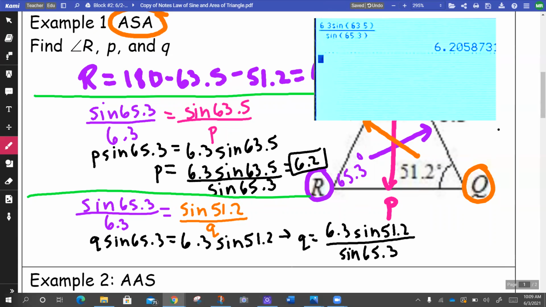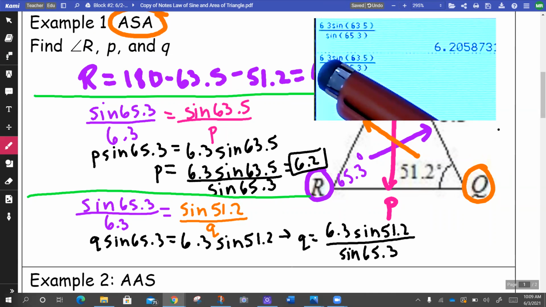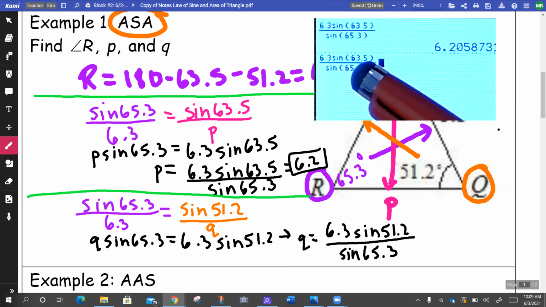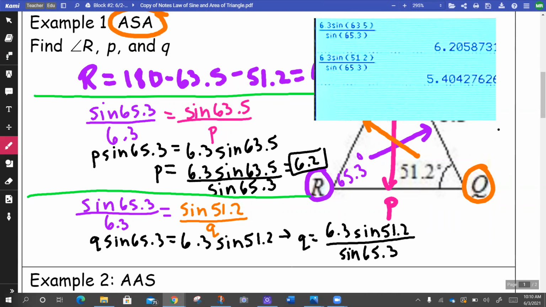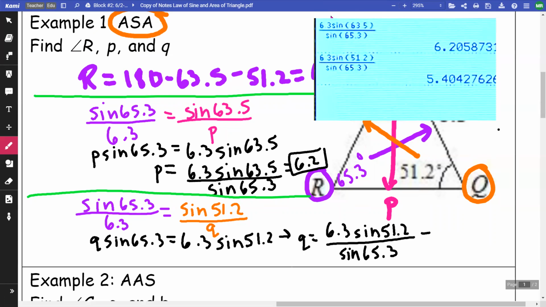Now, what I'm going to do is I am actually going to do second and enter. It's going to retype in what I just had. And what you'll notice is I have the 6.3 in both of these. I have a sine of 65.3 on the bottom. This needs to be a 51.2. So all I need to do is come up here and change this to 51.2. And then I get my answer, which is 5.4. And so that is my side Q.